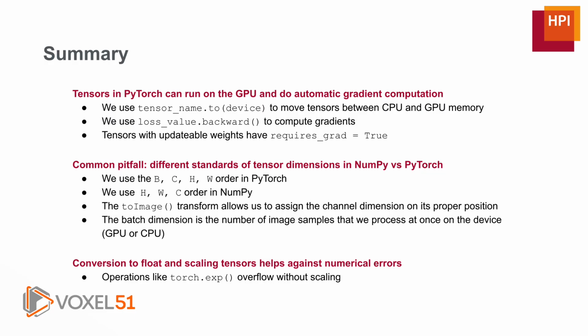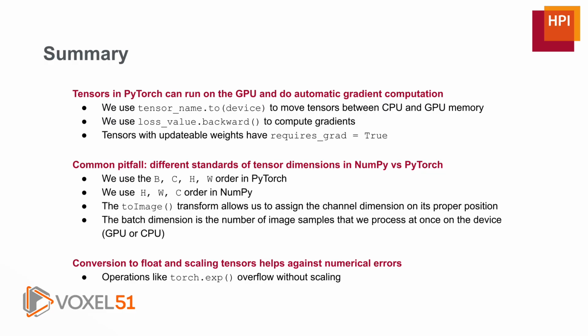And we have two critical implementation details. One is the dimension ordering. PyTorch uses the format batch, channels, height, and width, whereas NumPy uses height, width, and channels. The order matters for the conversion between frameworks, and this is done with the toImage function.